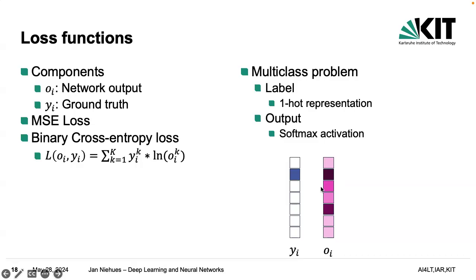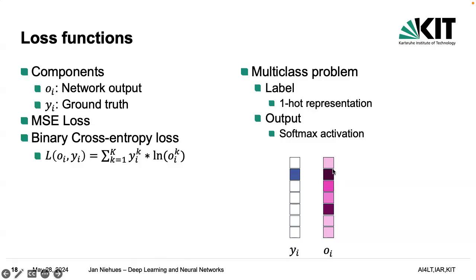Now you can shorten this, I guess. So what is the final result if we do that? That we only have one y, so we only get one logarithm of the output for that class. Yes, exactly.